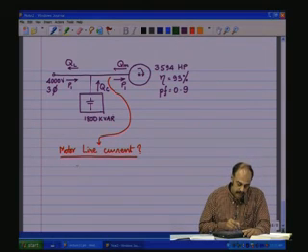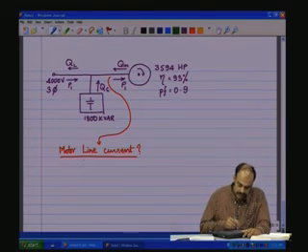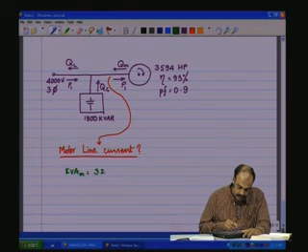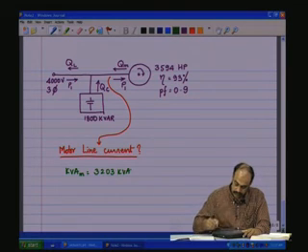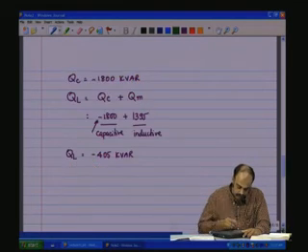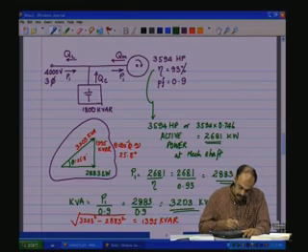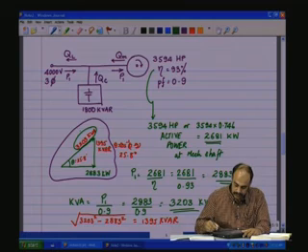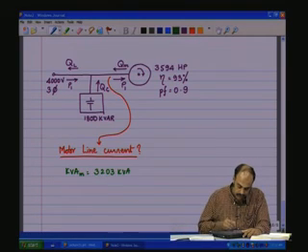We know that the kVA on the motor side was 3203 kVA. This we saw from the power triangle here. So, that is what we will be using.